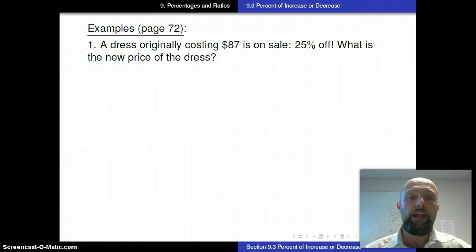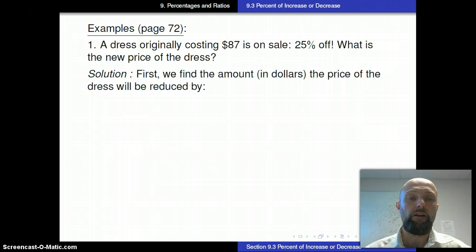Question 1. A dress originally costing $87 is on sale, 25% off. What is the new price of the dress? First, we find the amount in dollars the price of the dress will be reduced by.